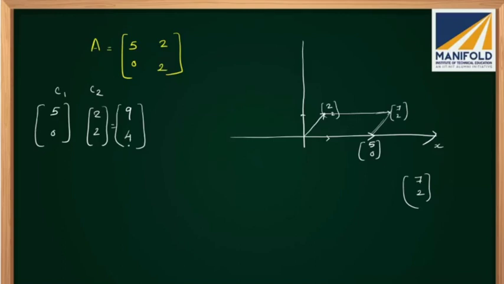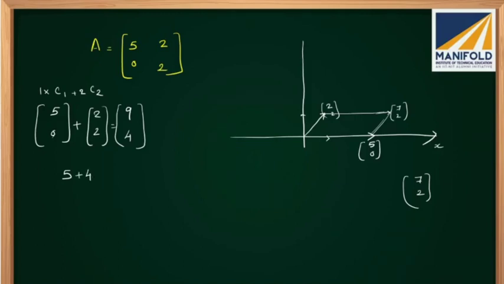I need to get 9, 4 as the result with some linear combination of C1 and C2. Is that possible? Suppose you take 1 times C1 and 2 times C2. That will give you 5 plus 2 times 2, which is 5 plus 4, and I get 9 here.